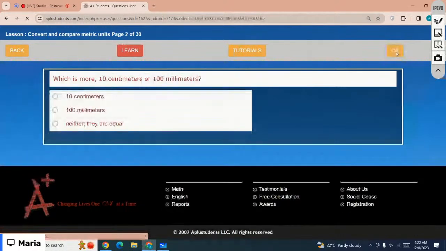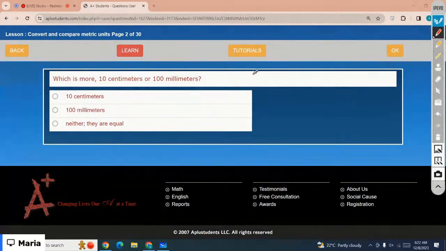So 903 milliliters is more. Okay, which is more, 10 centimeters or 100 millimeters? Which is the correct option? 1 centimeter equals 10 millimeters, right?